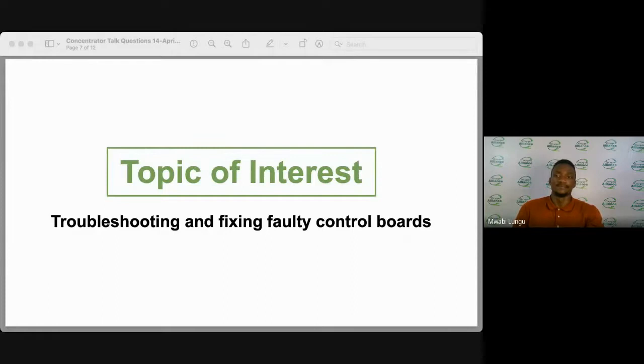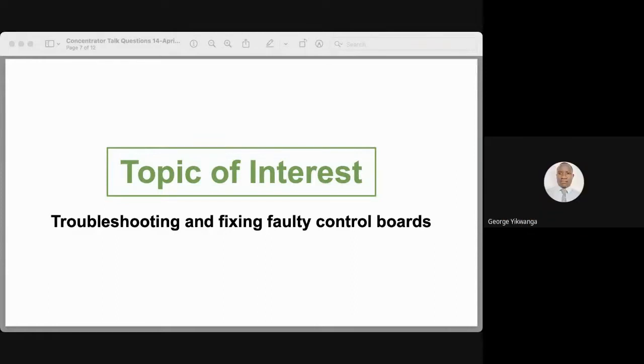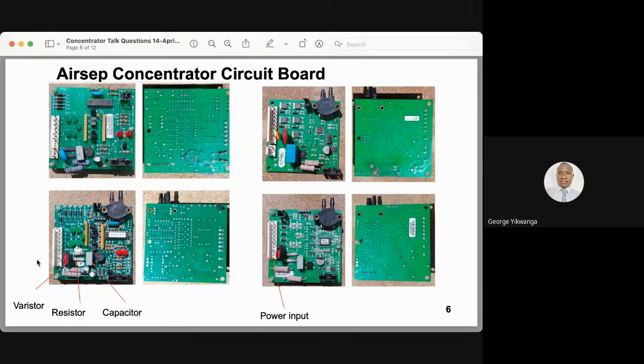George. Thank you, Maui. A circuit board is a component within the concentrator. The circuit board is like a heart for human beings, or like a processor for a computer.